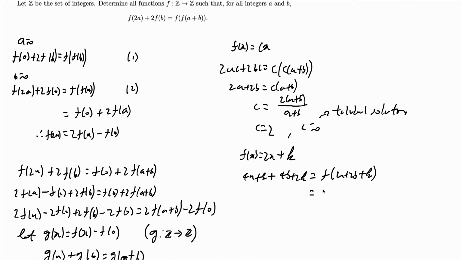This is equal to 4a plus 4b plus 2k plus k. So this works. Nice. So this is our solution.